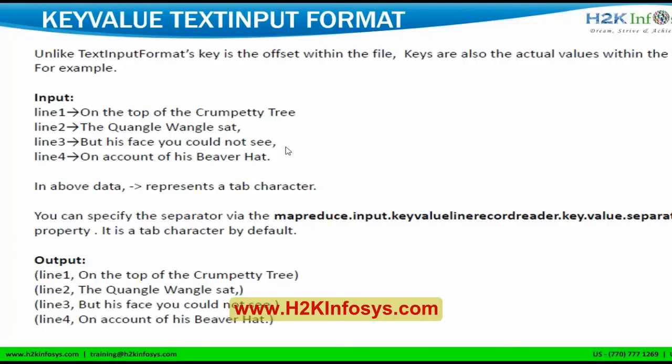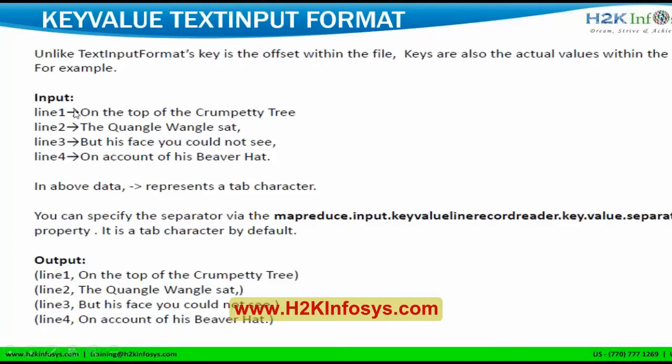So as we discussed, if you see the same input example, suppose my input line has line 1 on the top of the Crumpty tree, line 2 the wangle sat. In the above data this particular arrow will be represented as a tab character. So if I specify the separator as a tab itself, the key will be formed as line comma 1, and the value will be formed as on the top of the Crumpty tree.